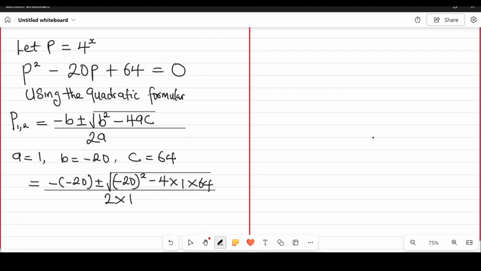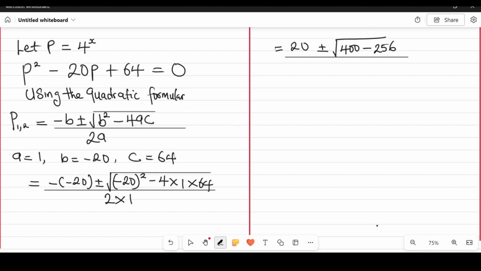So we have that negative times negative 20 will be equal to positive 20. We have plus and minus the root of 20 squared, which is equal to 400, minus 4 times 1, which is 4, and 4 times 64 is giving us 256.